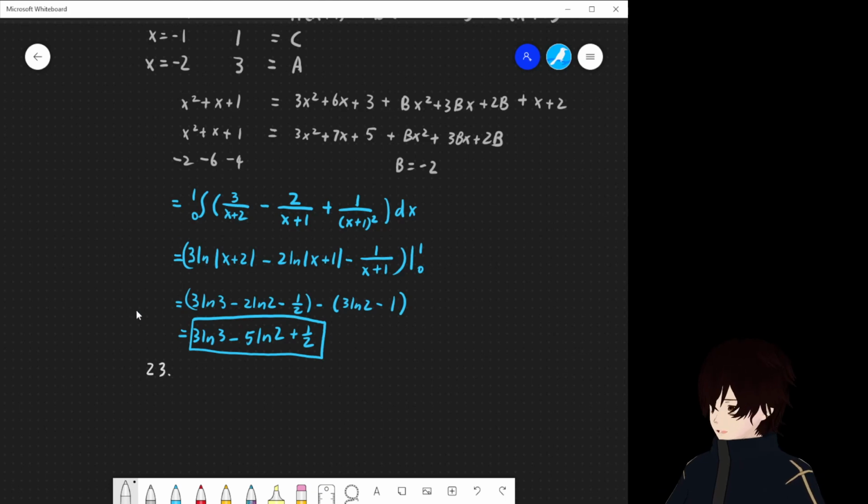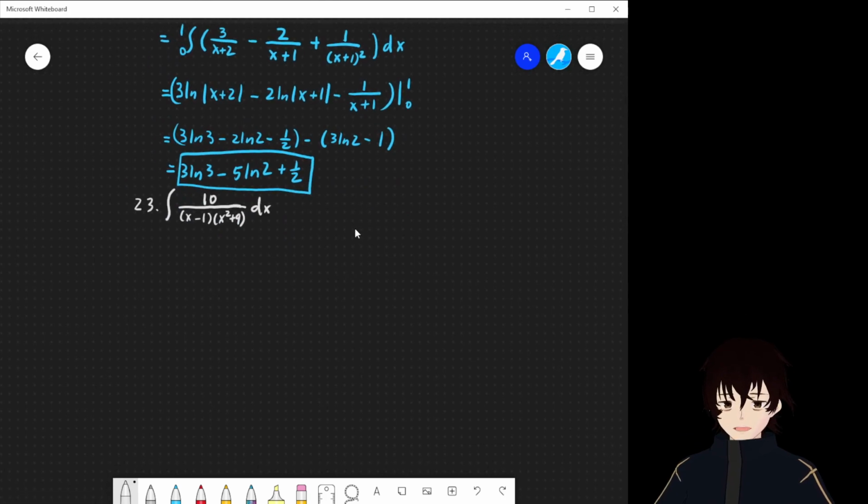We need to write in a vertical line. 23 wants the integral of 10 over (x minus 1)(x squared plus 9) dx.